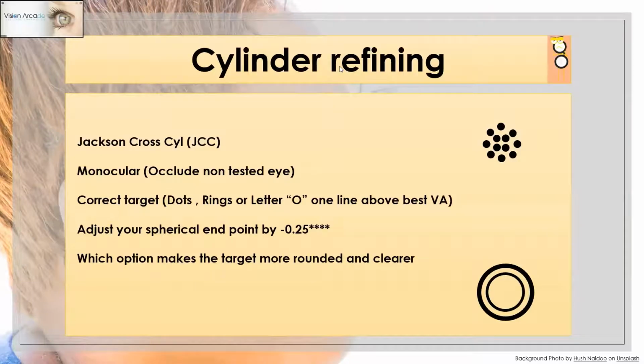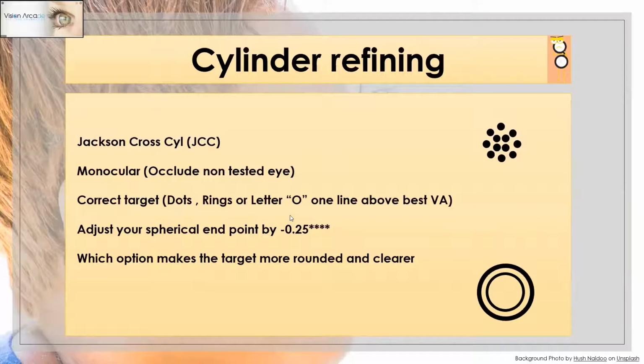So once you've reached your end point for spherical refraction, you could use the red-green or different methods for that. We'll get to the cylinder refining. Some people would say start by reducing your best spherical correction by 0.25.